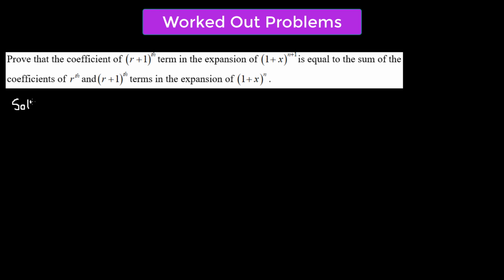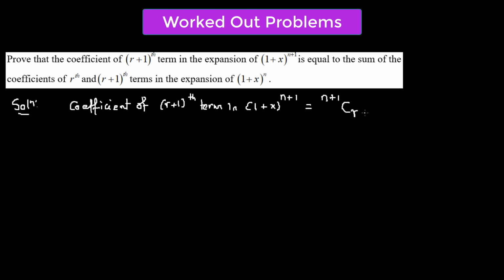So let's find out the coefficient of r plus 1th term in (1 plus x) raised to the power n plus 1, and that will be equal to (n+1)Cr, which is equal to (n+1) factorial divided by r factorial times (n plus 1 minus r) factorial. So this is equation number 1.